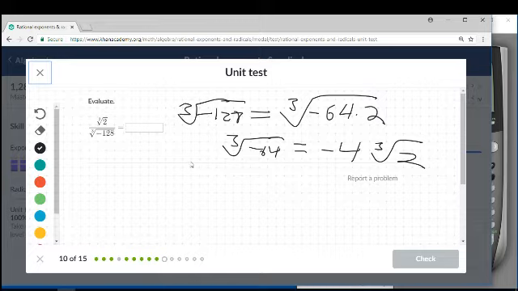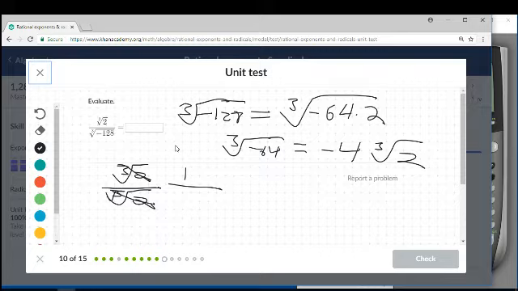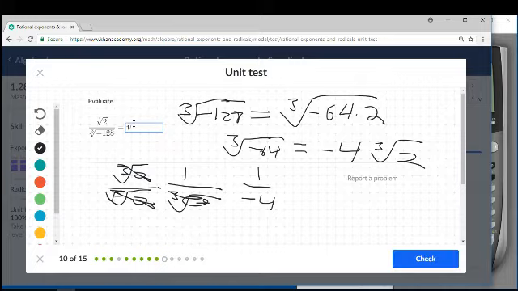So this means that cube root of 2 cancels out over 1 over. Not 1 over -4, -1/4.